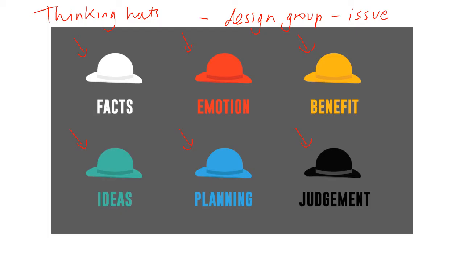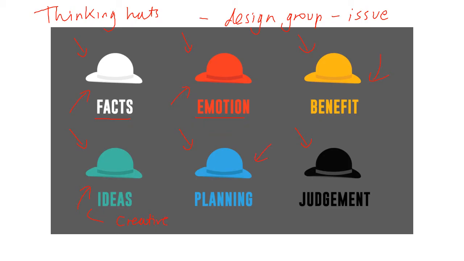The person with the white hat on would think about the facts of the issue. The person with the red hat on would consider the emotion, so how it might make people feel. The person with the yellow hat might think about the benefits, how solving this issue is going to be beneficial. The person with the green hat is going to think about potential ideas, so be quite creative.